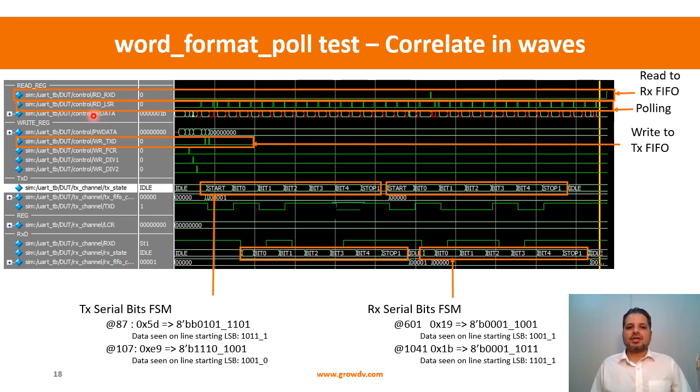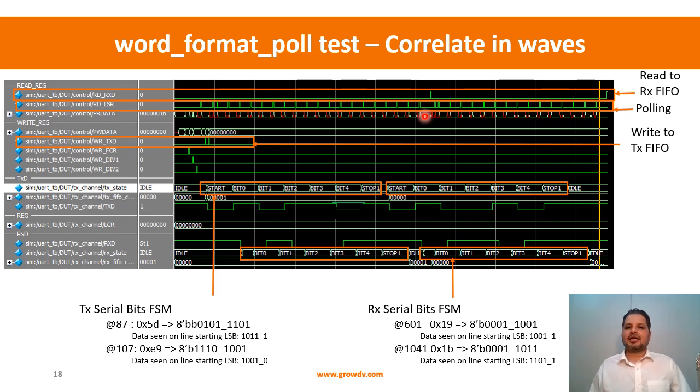You remember we were polling the LSR register, and we had seen about 36 reads to the LSR register, and these pulses that you see over here are all polling. So we keep on polling, and once the state machine has come to idle after receiving one character, the polling becomes successful.